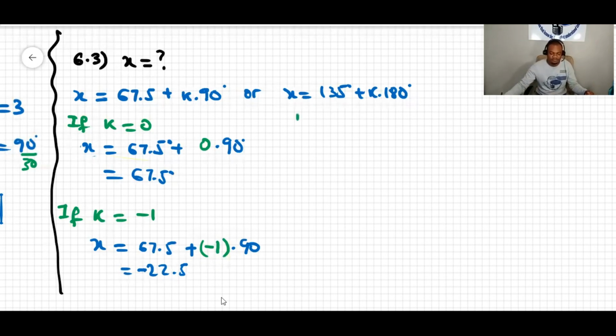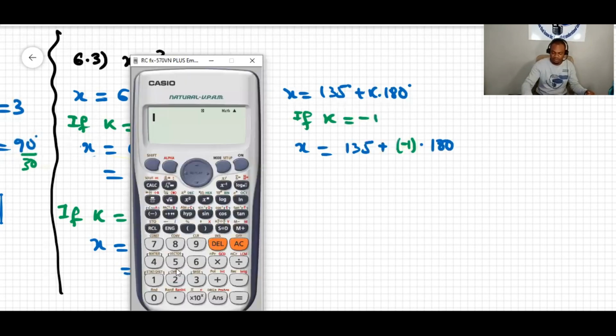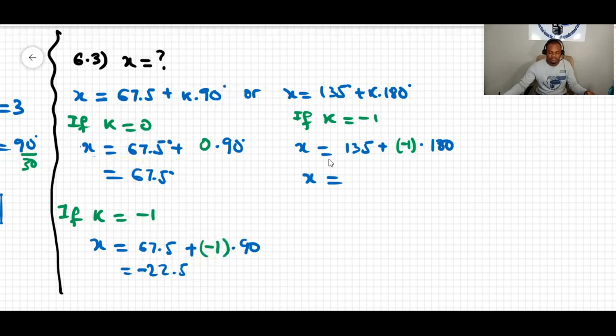If k has the value of -1, then x will be equal to 135 plus -1 times 180. Working this out on the calculator, 135 minus 180 is equal to -45. So here it will be -45 degrees.